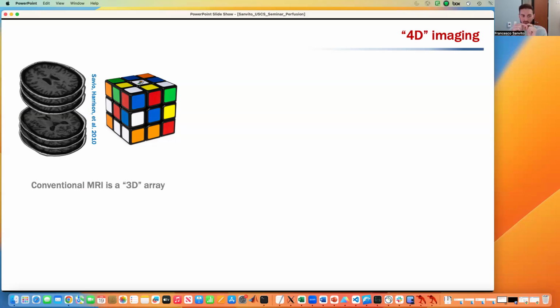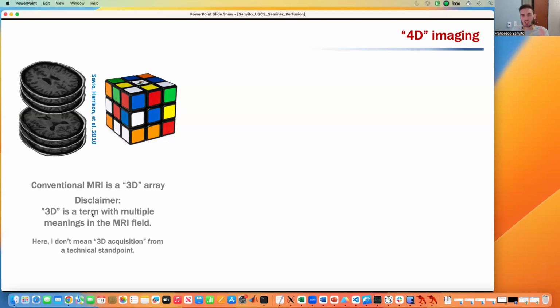The intensity of the MR signal in a certain voxel is stored as part of a 3D array. This does not mean I'm talking about 3D imaging. 3D MRI, as a term, refers to the technical way of acquiring the images. But regardless of how you acquire, 2D or 3D, you can still store MR images as 3D arrays.